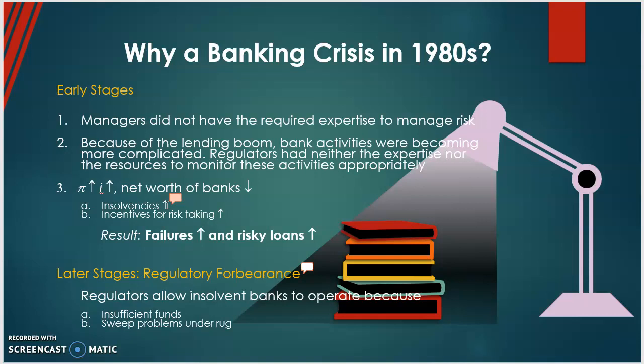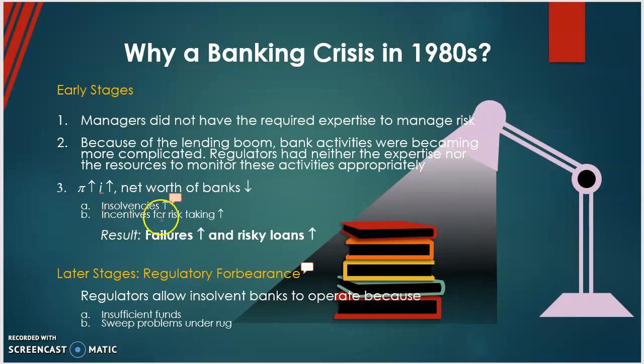Those in a state of insolvency are said to be insolvent. There are two forms, cash flow insolvency and balance sheet insolvency, meaning that when insolvency increases, the unpaid debt or NPL, non-performing loans, of the bank will increase.